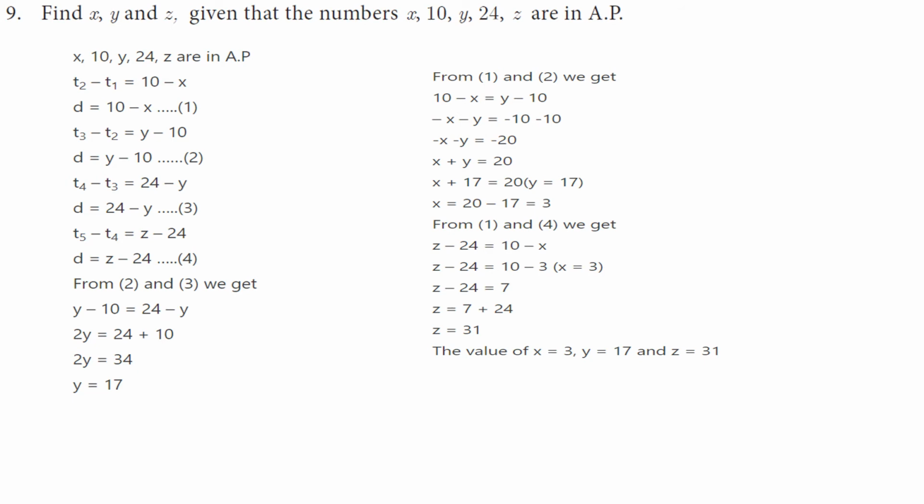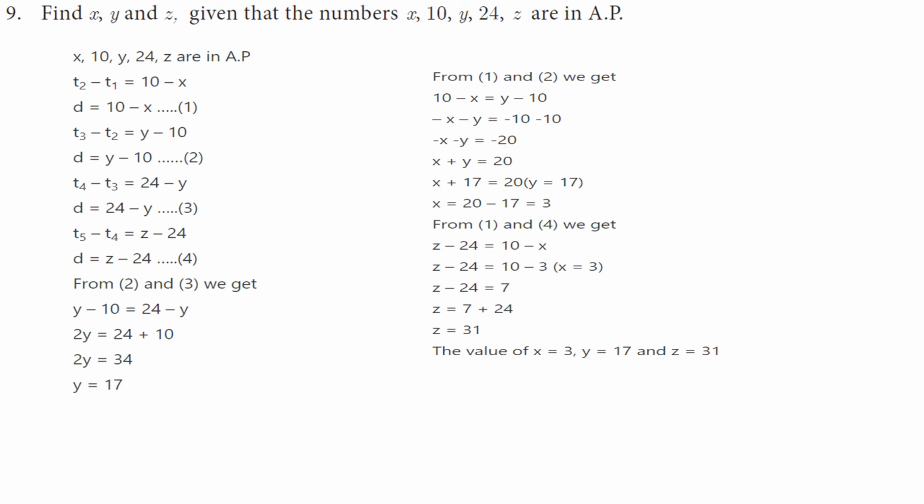Next, from equations 1 and 2, that is 10 minus x equals y minus 10. So minus x and minus y on the left-hand side equals minus 10 plus 10 goes to the right-hand side, minus 10. Therefore, minus x minus y equals minus 20. Make all terms plus, so x plus y equals 20. What is the y value? 17.